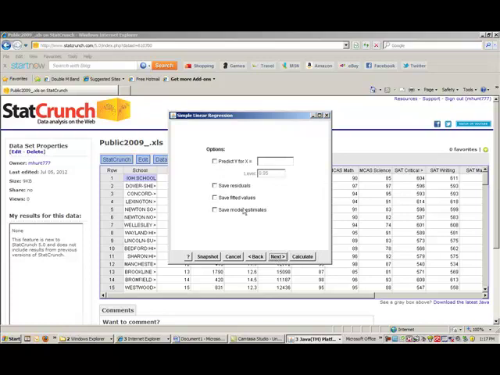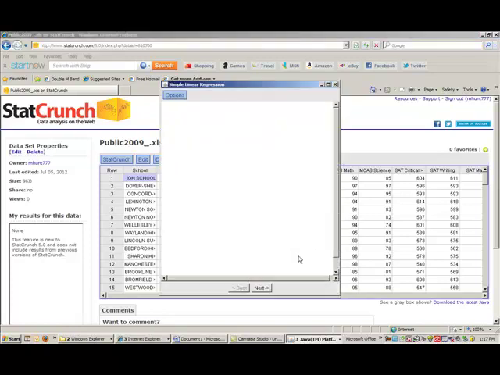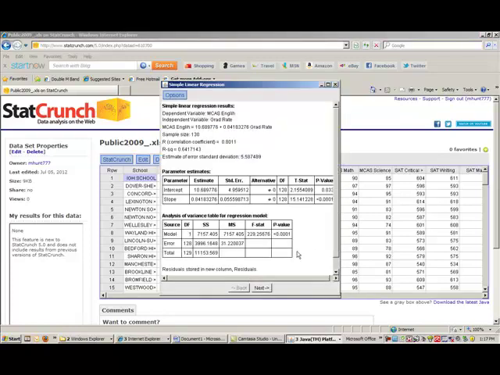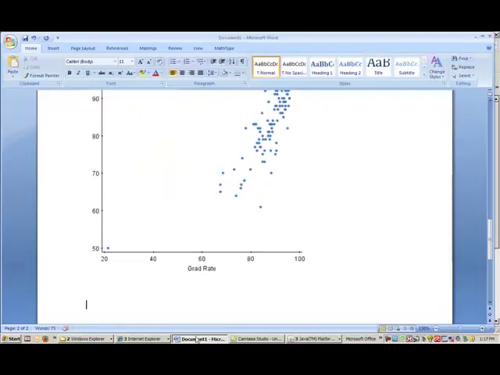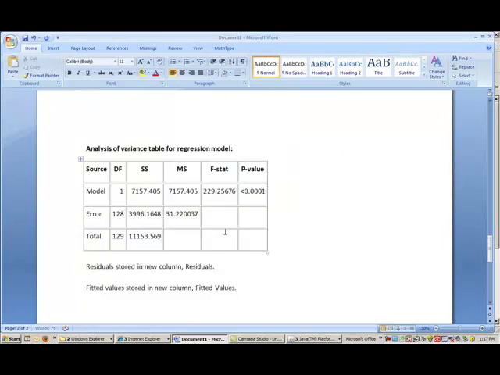We would like to save the residuals and save the fitted values, and we would like to plot the fitted line, and finally to calculate. What I'm going to do is Options, and I'm going to do Copy, go to my Word document, right-click Paste.